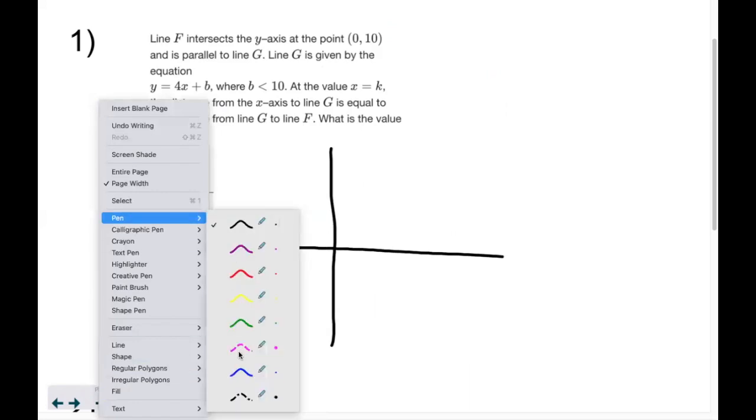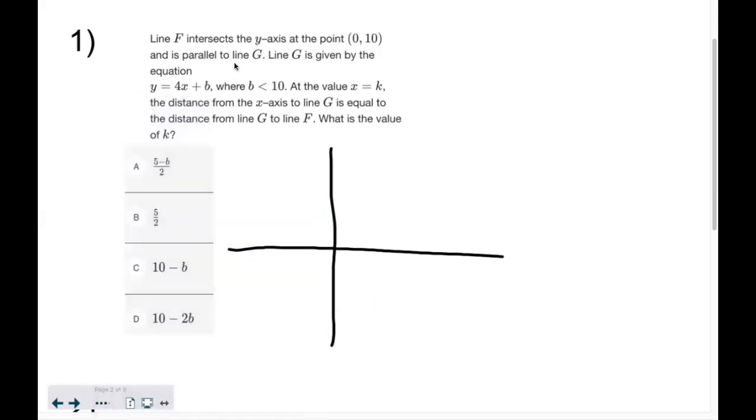It says that this first line intersects the y-axis at (0, 10), and it's parallel to line G, and line G is y equals 4x plus b. Well, if it's parallel, that means it has the same slope, and this (0, 10) is its y-intercept.